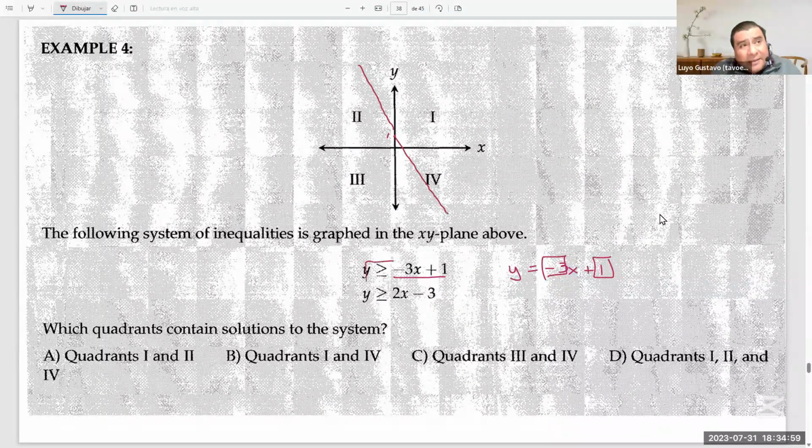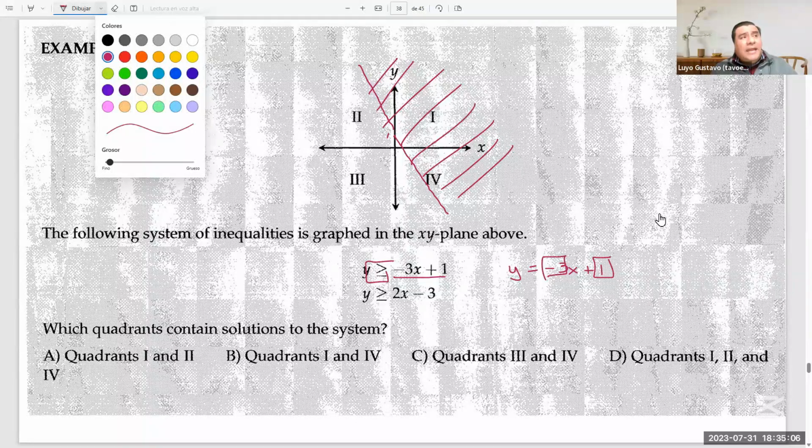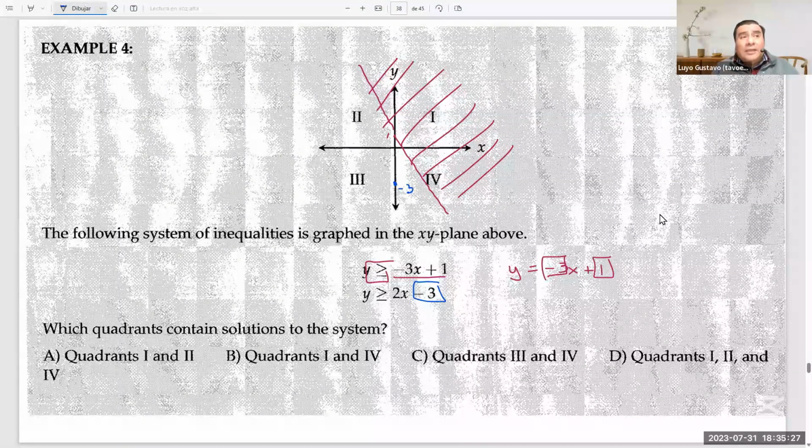Since you have greater than, that means all of this, above the line. Now, what about the other half plane? You have y greater than 2x minus 3, but 2x is something like this. Negative 3 should be over here probably. This is the passing point. What about this 2? It's a little steep, but in a positive slope, something like this. So greater than this, it's all of this.